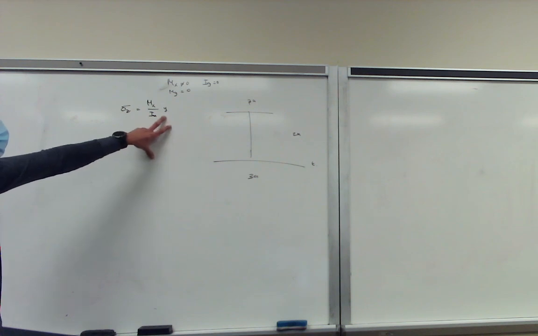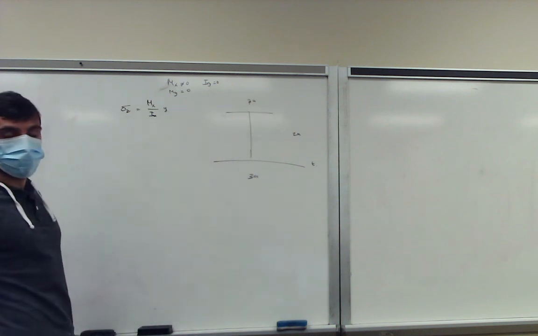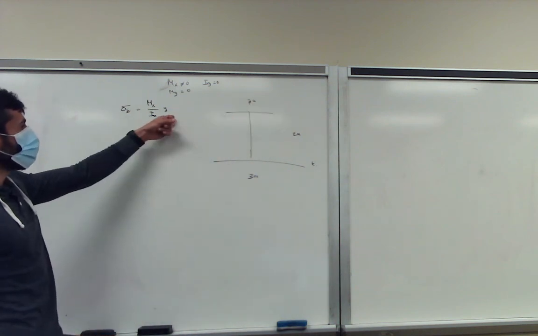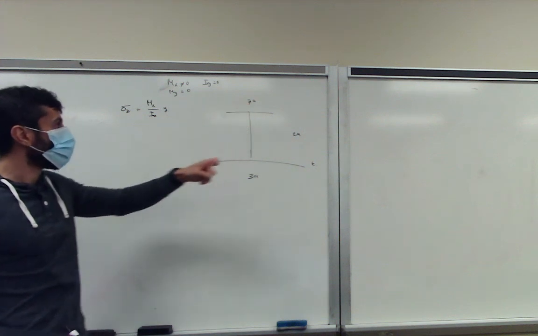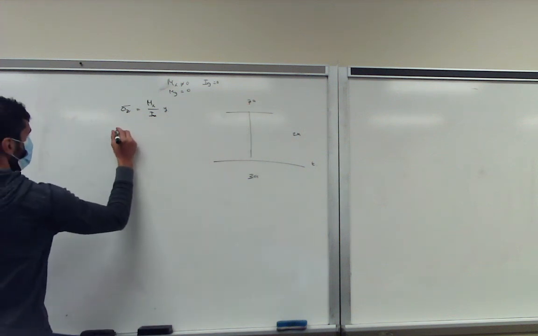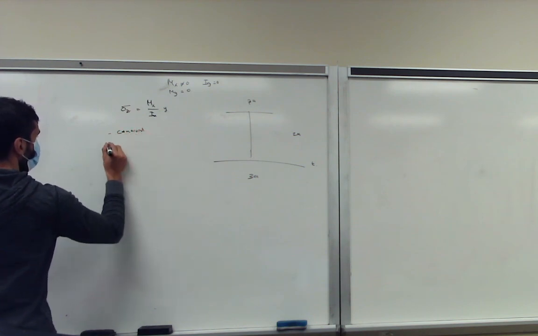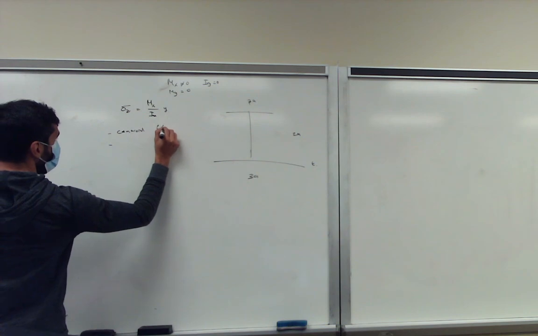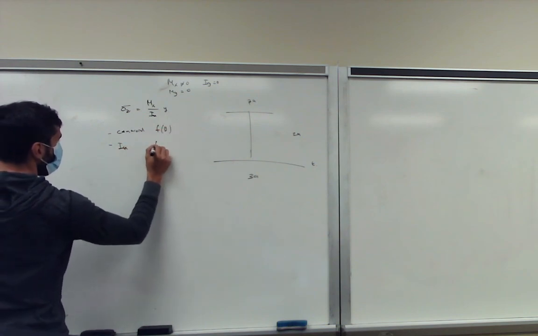We know that y is with respect to the centroid. But this value of beta A is unknown, so you have to find beta. Now your centroid is a function of beta. So you find your centroid as a function of beta, and your moment of inertia as a function of beta.